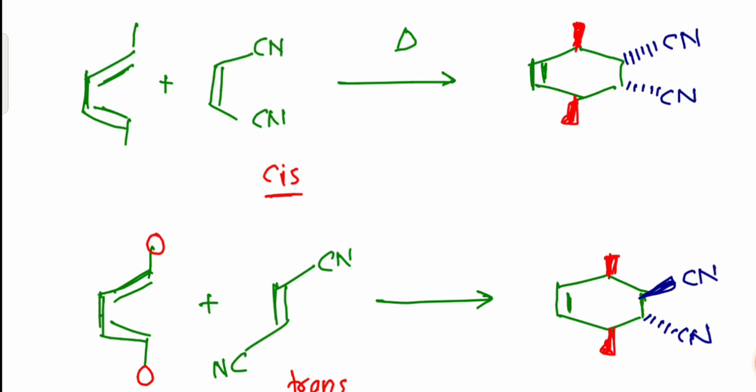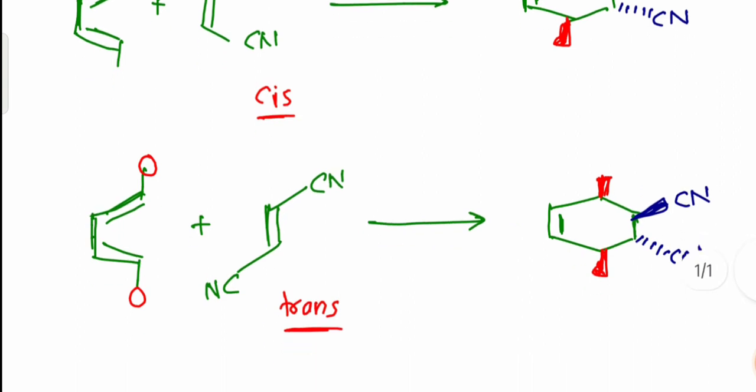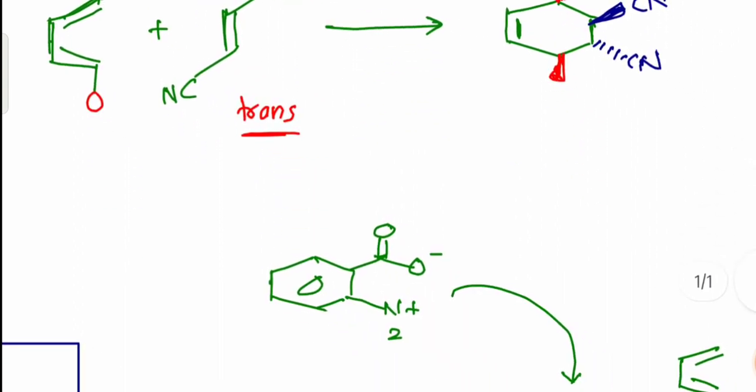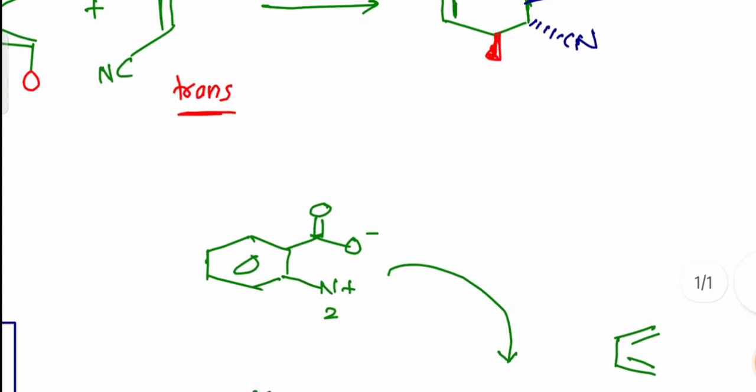That's why the two methyl groups are always in a cis position, while the substituents present on the dienophile maintain their stereospecificity. Look at the first example, a cis dienophile is given, and the second one is a trans. So cis becomes cis and trans becomes trans. That's why this reaction is called a stereospecific reaction.